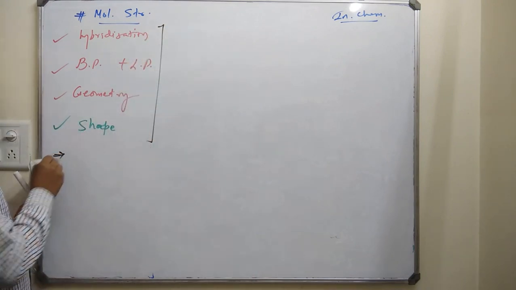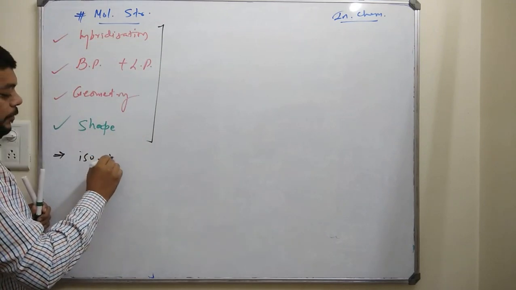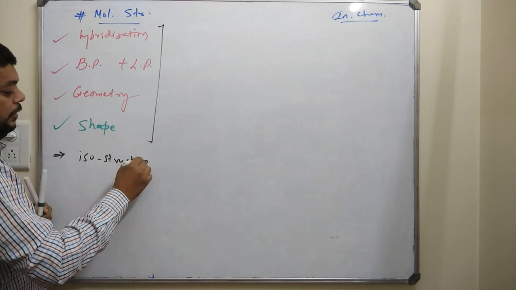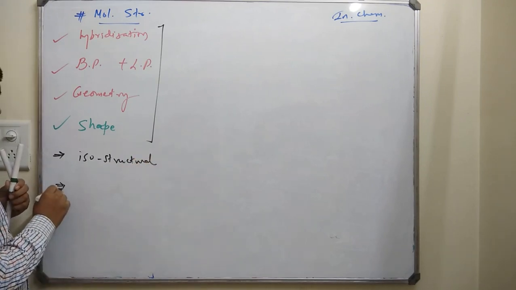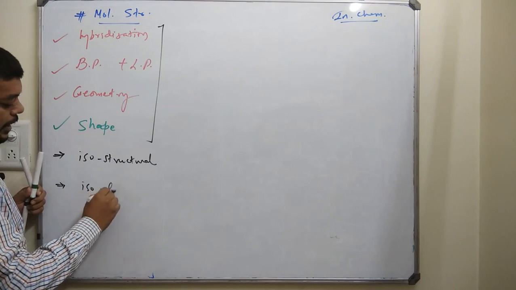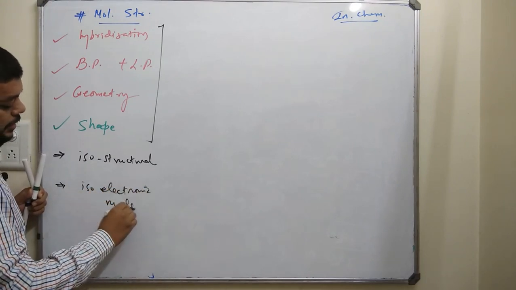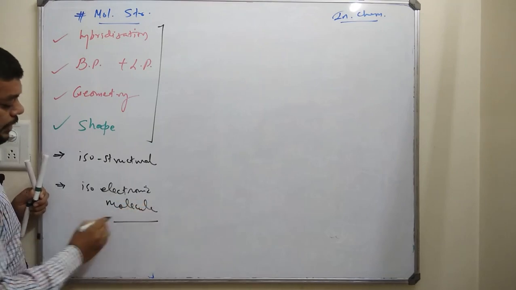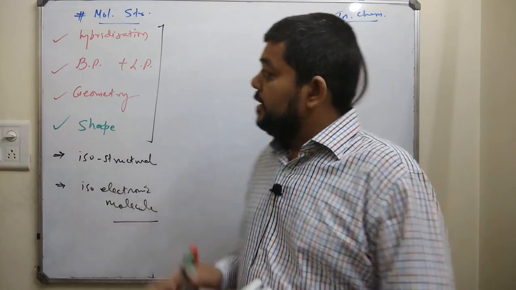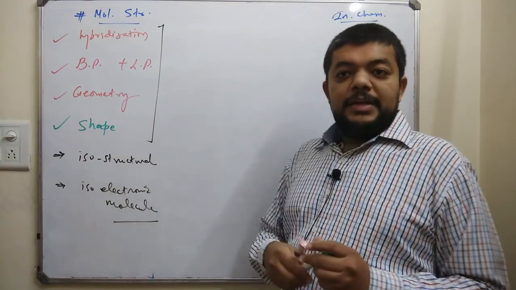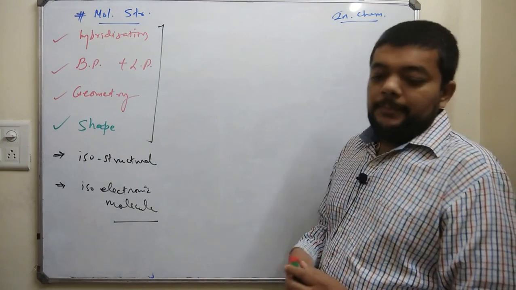The second important thing would be the application of these learnings, to find out isostructural molecules and isoelectronic molecules. If we consider something directly related to competitive exam preparation, these are the things that we will be involving.